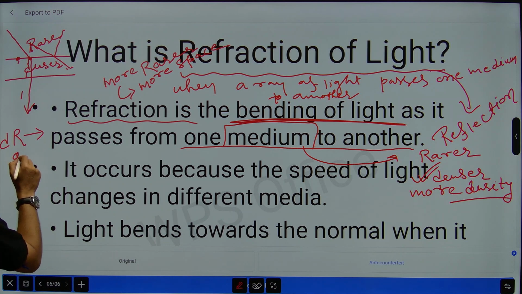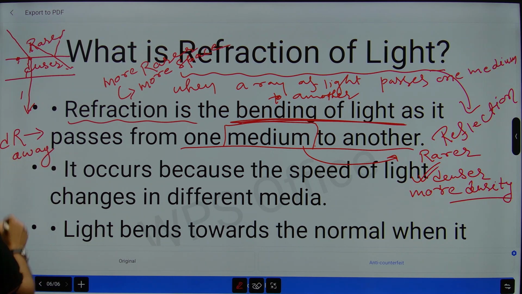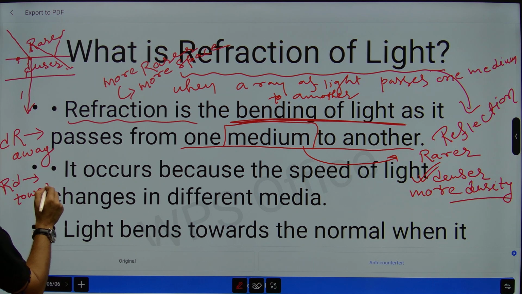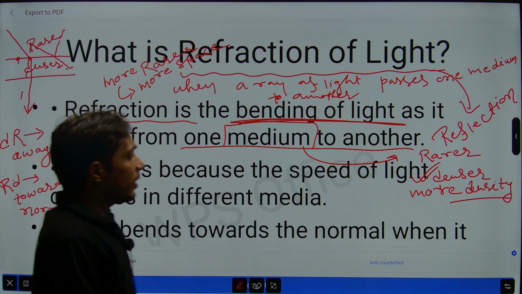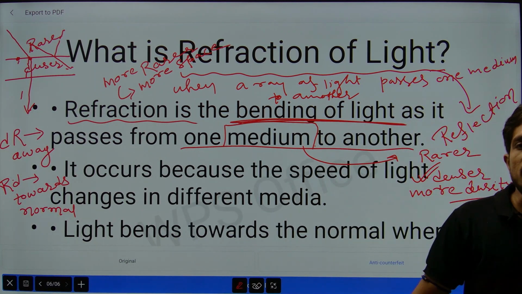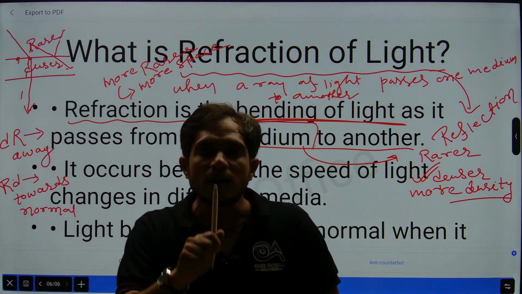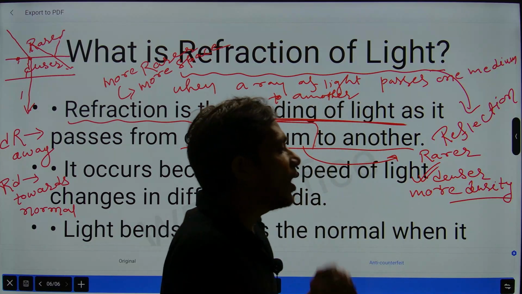Next, the opposite, R2D, means towards the normal. And why does it happen? It happens due to the density of the medium.